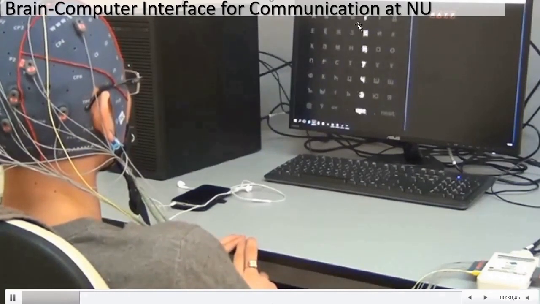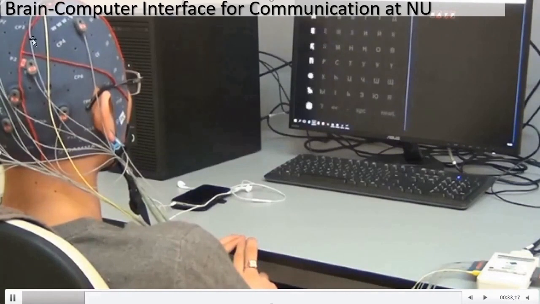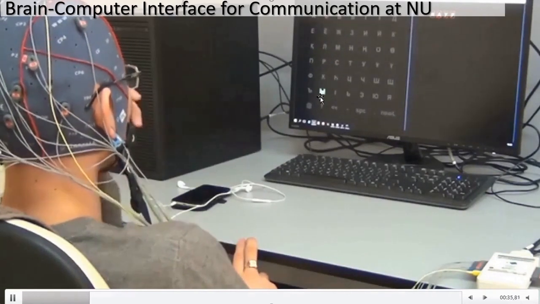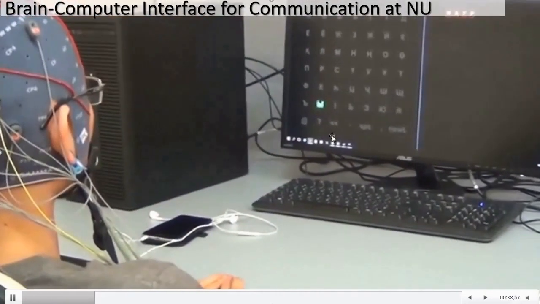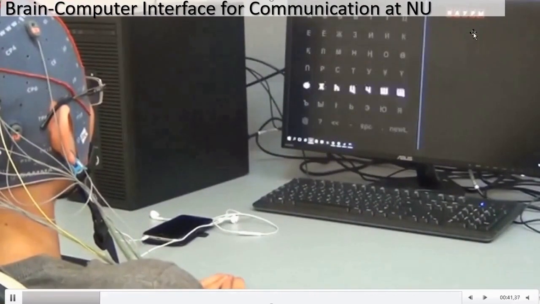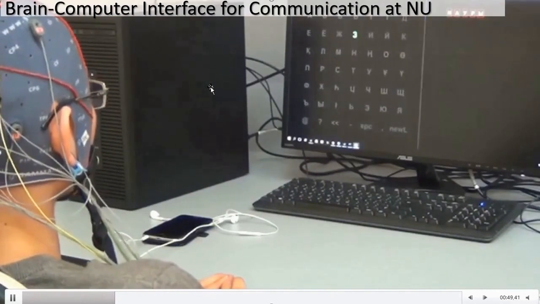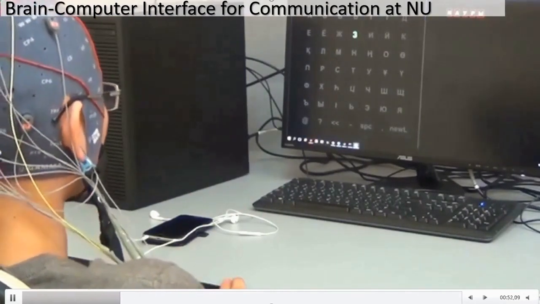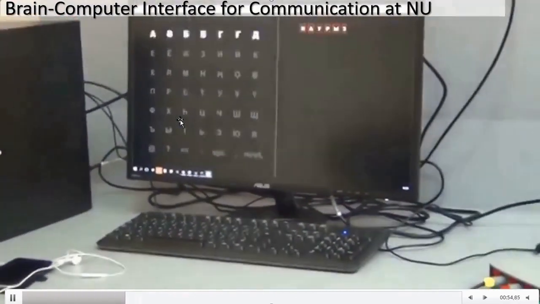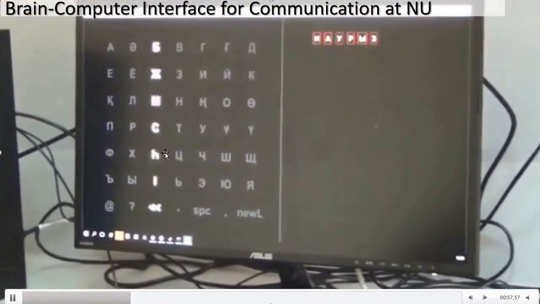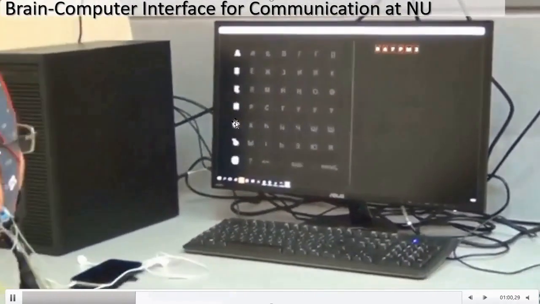So the columns and the rows of the visual stimuli generate specific brain signals, and then further we classify them into target and non-targets. So he's now trying to spell out in Kazakh language Nauryz Qutty Bolsyn. And this type of BCI is pretty accurate and possible to build with good accuracy.